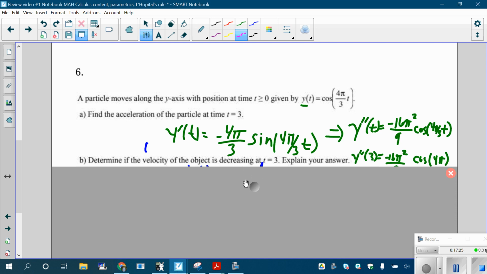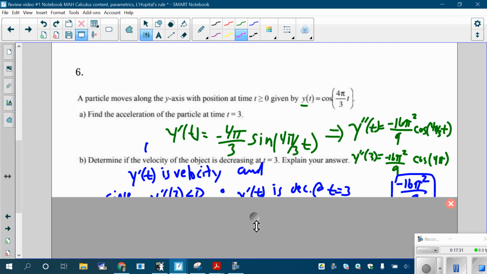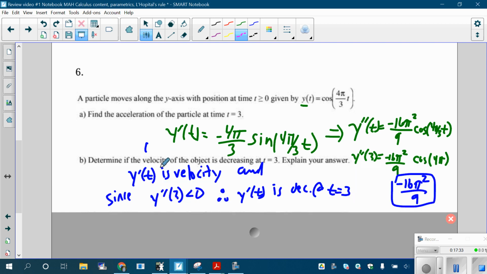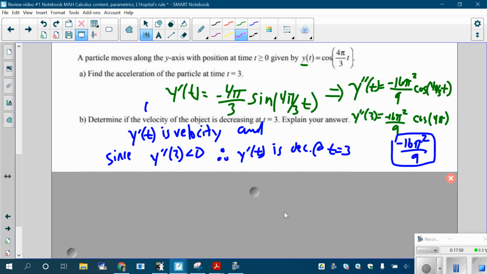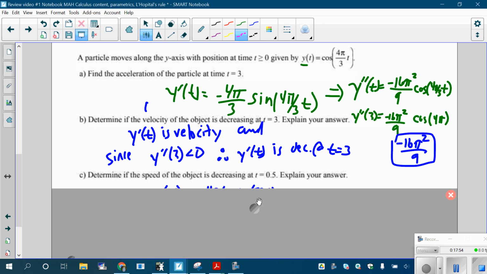So they're basically saying, is the acceleration at time 3 negative? Well, I just figured out that it was. So y prime is velocity, and since the second derivative of position at time 3 is less than 0, I know that y prime, my velocity, is decreasing at time 3. Okay. Please be careful about making sure you're not thinking about velocities being negative, but thinking about when it's decreasing.